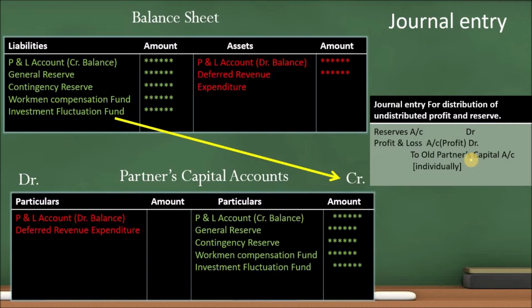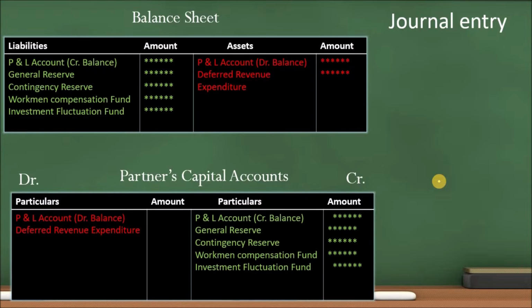Please see here I am crediting partners' capital accounts. Why? Because these reserves and P&L account credit balance are going to increase the partners' capital accounts. And I am going to write their names individually. Like if I have two partners Ram and Mohan, it will be to Ram's capital account and to Mohan's capital account.